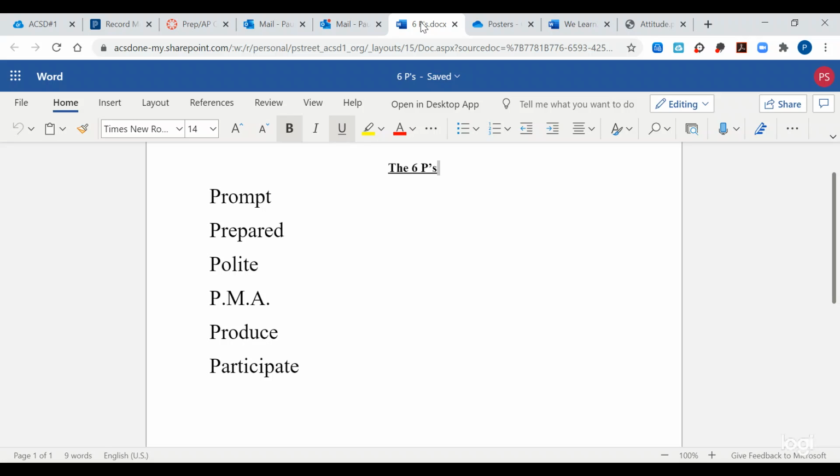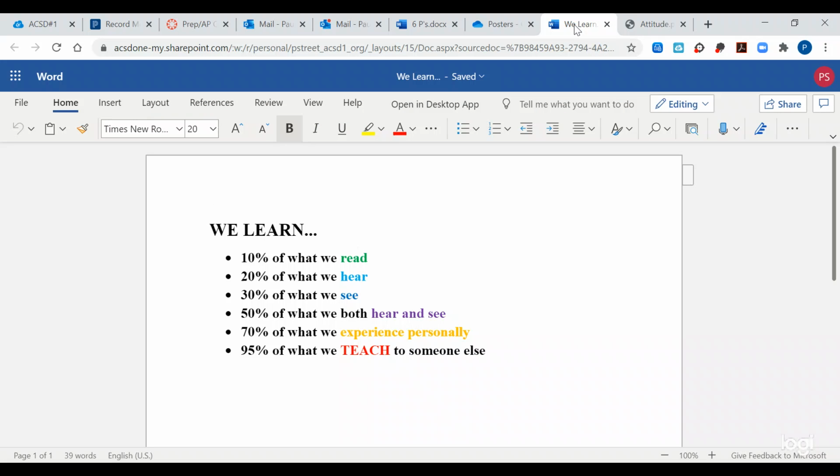Okay, let's see. I want to talk about, I'm going to bring up another screen here. This is another poster we have in class. You can see it in class, it's that green poster there, and I've also got it up on the screen here.